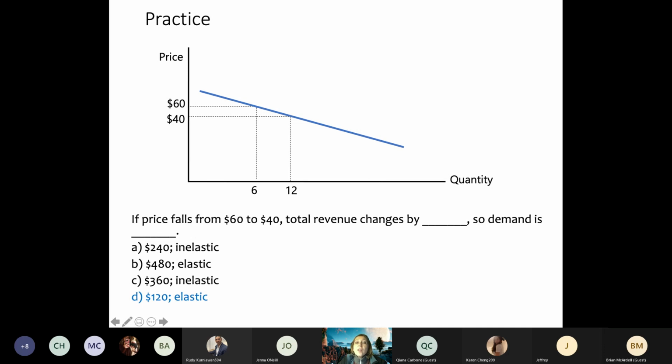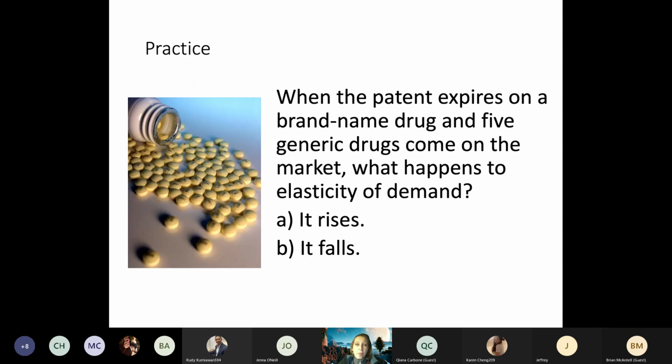And then 40 times 12, and then you would compute that, 480, right? 360 or 480, that's the change in revenue. So that's 120. And you already kind of, by the first answer, you'd see, oh, I answered that question correctly. And it must be that demand is elastic, because the revenue increased, right? You are reducing the price, revenue increases. So you must be on the elastic segment of the demand curve.